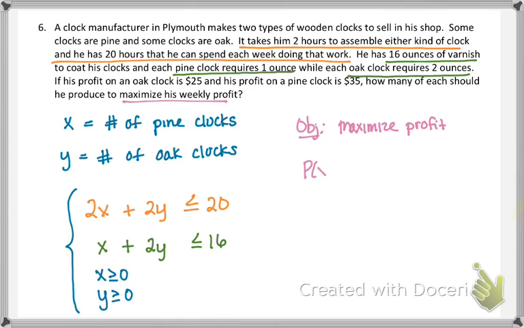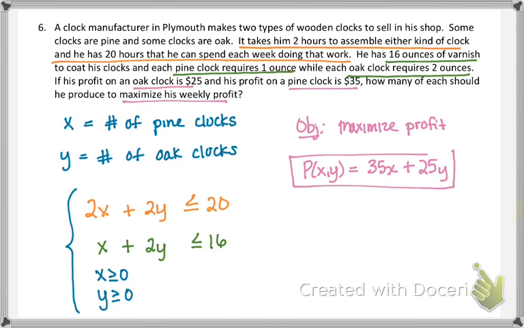So P of xy, the profit that he's going to make, can be calculated by, looks like he makes $25 for an oak clock and $35 for a pine clock. So 35x plus 25y. If you wrote 25y first plus 35x, that's okay as well. And so this is my objective function.